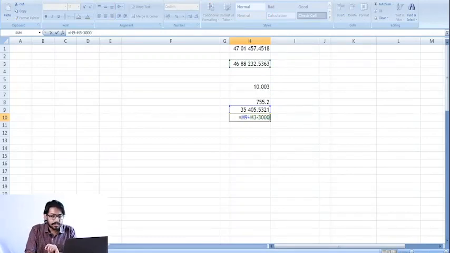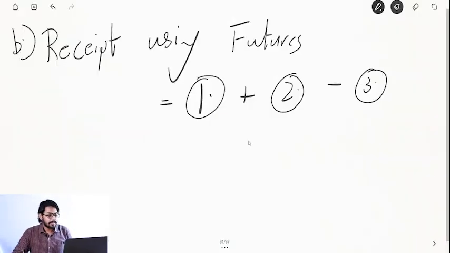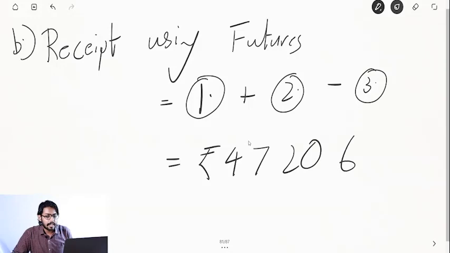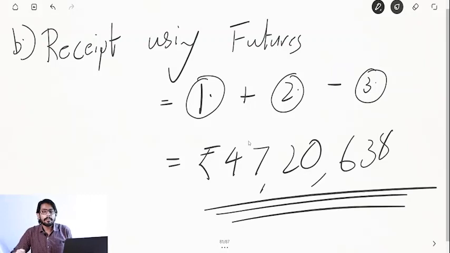Minus 3,000 interest on futures. You have a total receipt of 47,20,638 rupees. Got it? This is your receipt from futures.